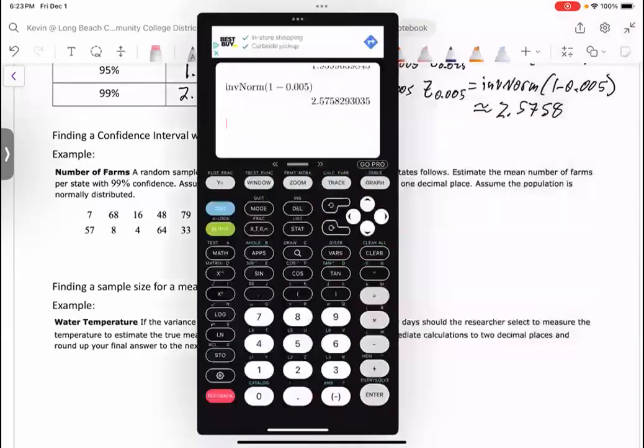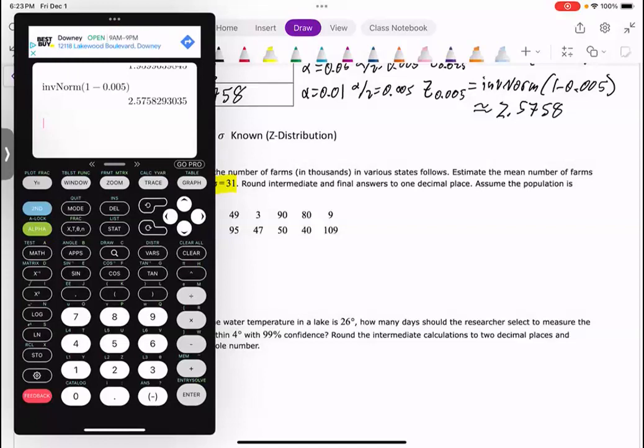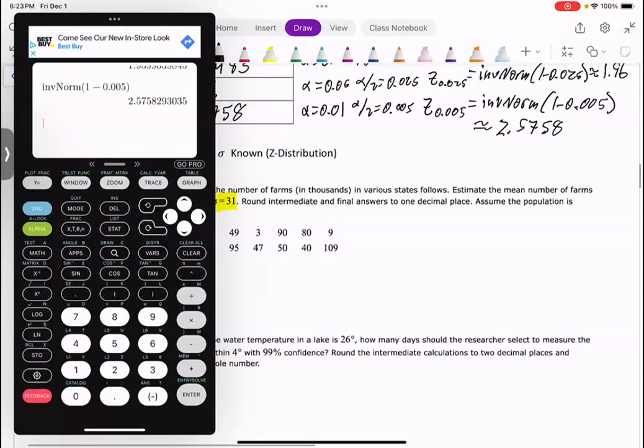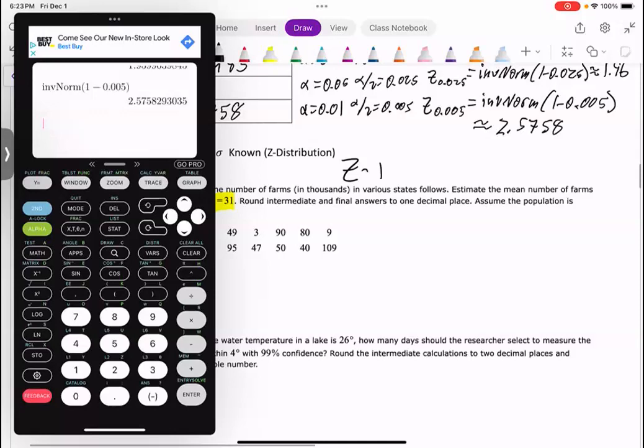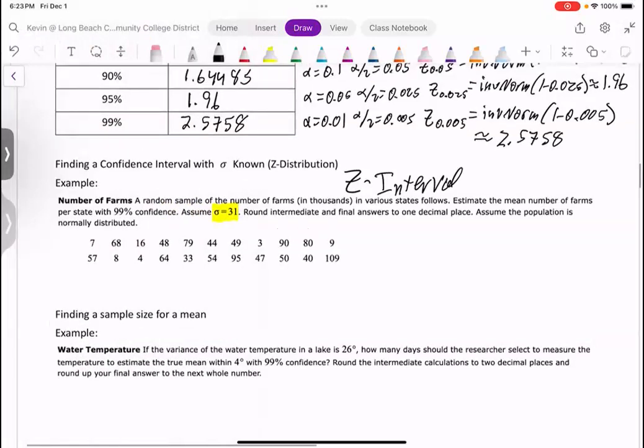We are going to use a z interval. And that is found under stat, test, and then z interval.